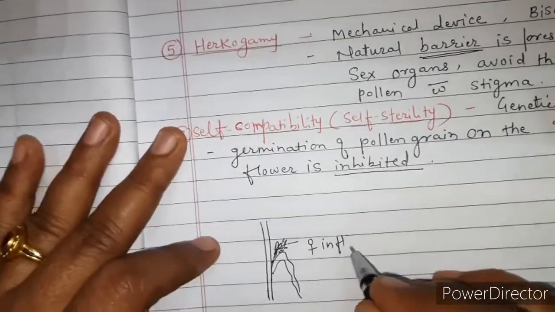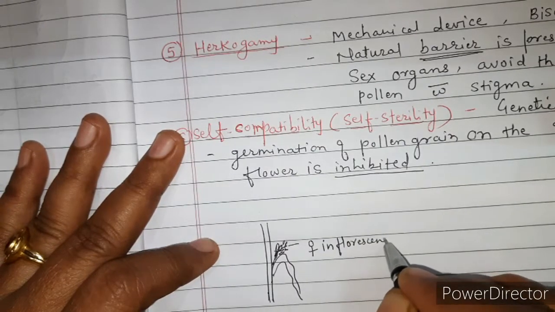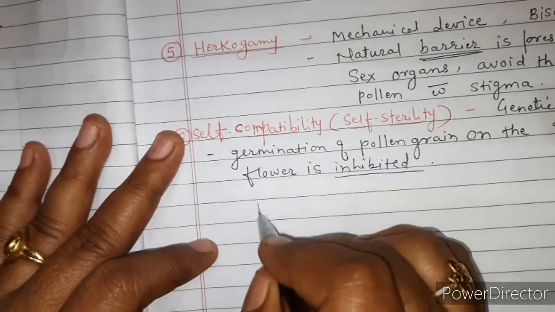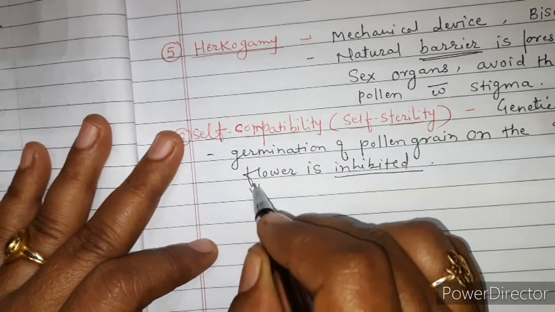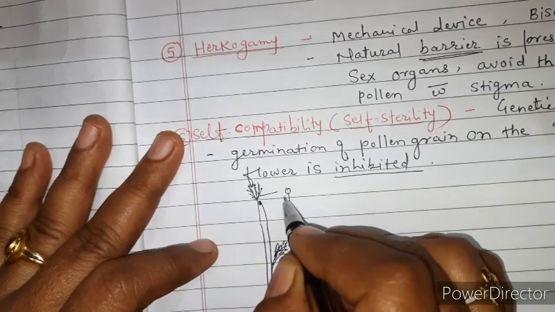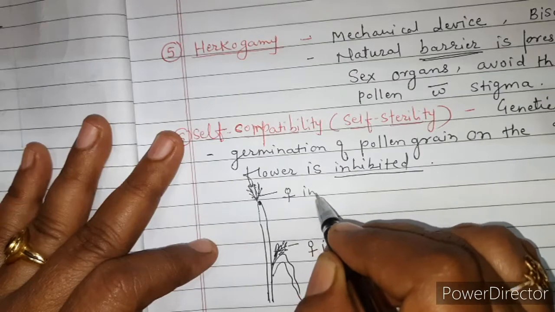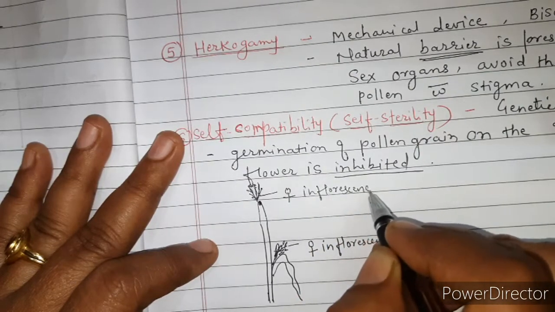See here, this is the inflorescence of the female flower, and here at the tip of the stem develop the male flowers. This is the male flowers forming the inflorescence. Now, you know what inflorescence is, that is a group of flowers.